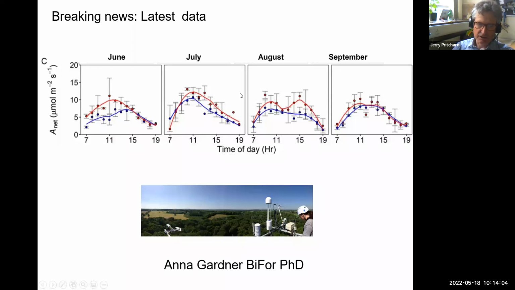Now, I think it's clear that over the summer, the red line is above the blue line. I should say the y-axis here is the rate of photosynthesis, so the bigger that number, the more CO2 is being taken in. And this is 7 o'clock in the morning, and this is 7 o'clock at night.